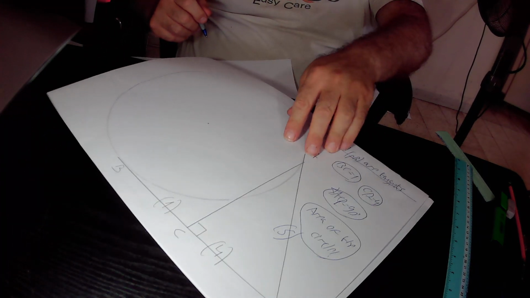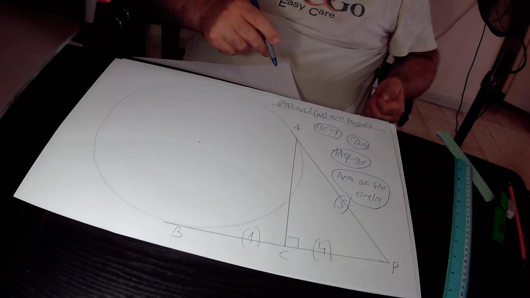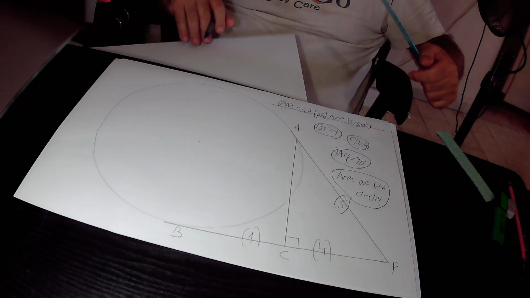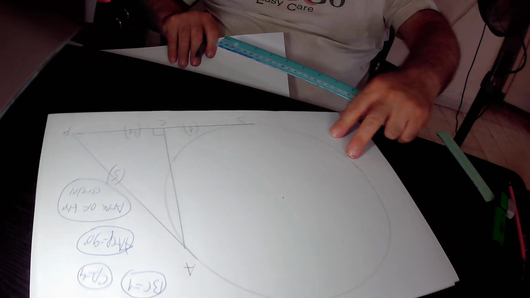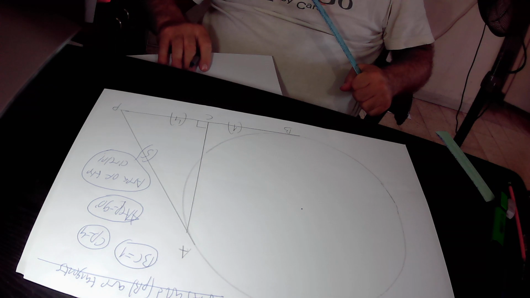In the next step, I'll copy the right triangle ACP in a new page and we'll implement the Pythagoras theorem on this right triangle ACP. According to the Pythagoras theorem, in any right triangle, the square of the hypotenuse equals the sum of the squares of the perpendiculars.